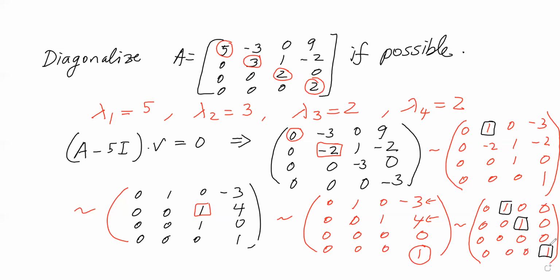Then if you rewrite this system, you get x2 equal to 0, and x3 equal to 0, and x4 equal to 0. So x1 is free in this case.